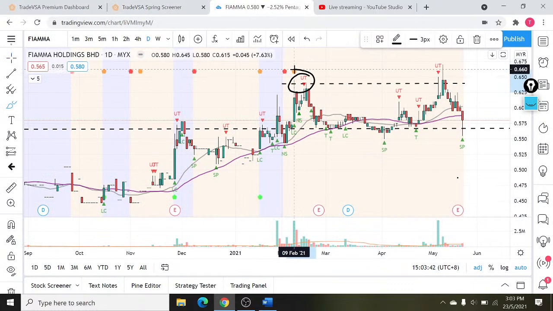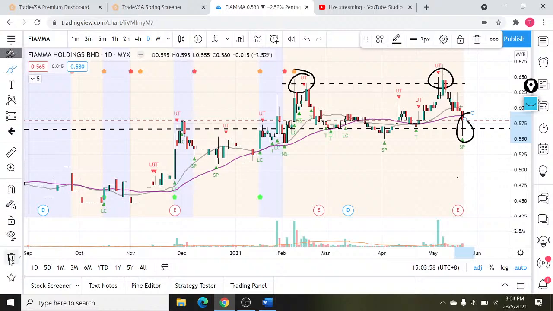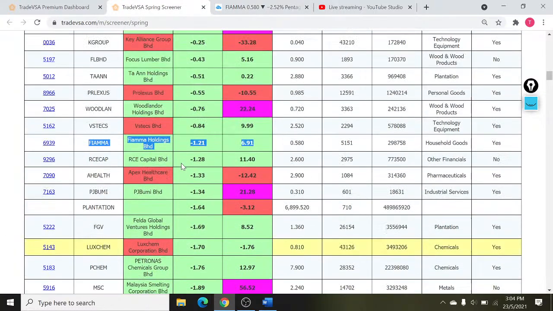So here we got 1, and here we got 1. But this stock doesn't really come with lots of UT, I think we got only 1 high volume UT. Spring will always tell us that they are trying to do a removal on the weak holders. So this is Fiamma.